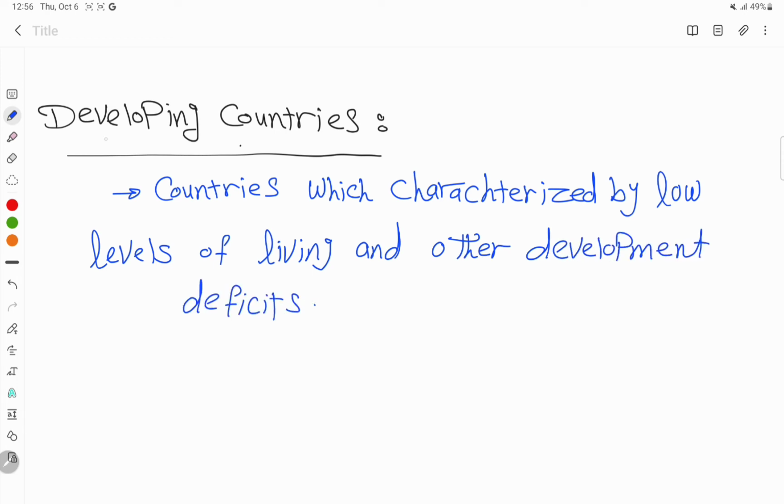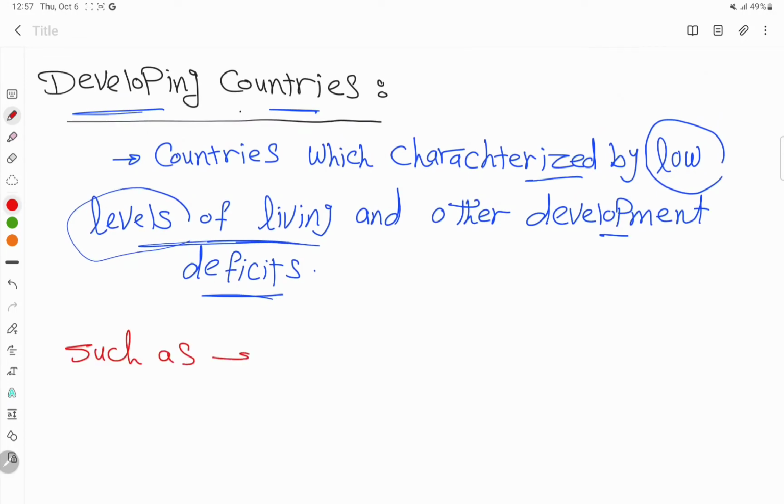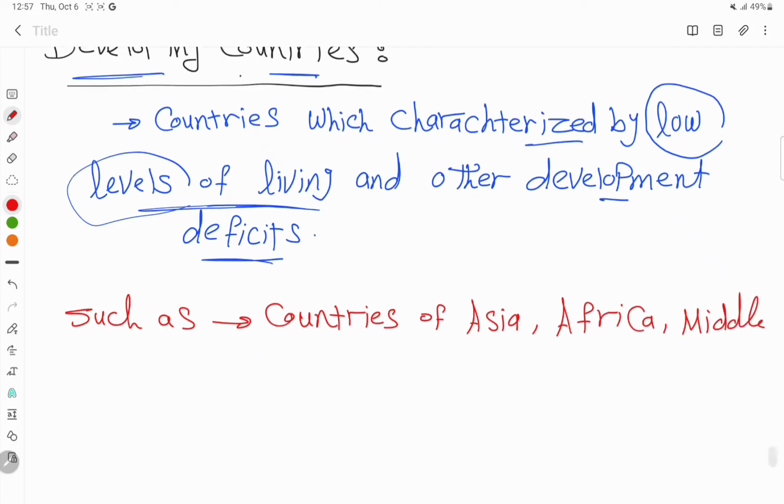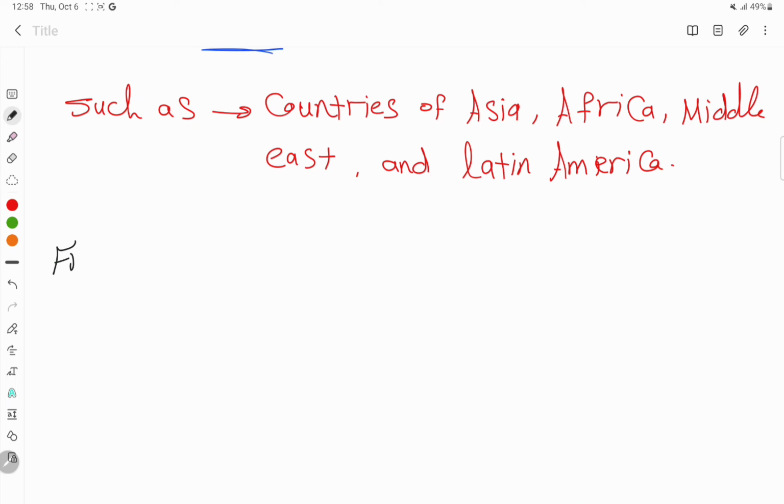So, when we're talking about developing countries, we know that countries which are characterized by low levels of living and other development deficits, such as countries of Asia, Africa, the Middle East, and Latin America.